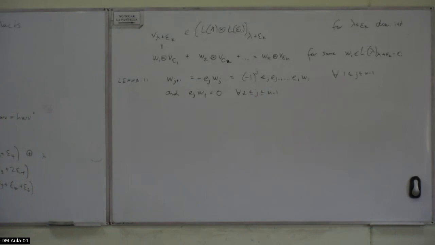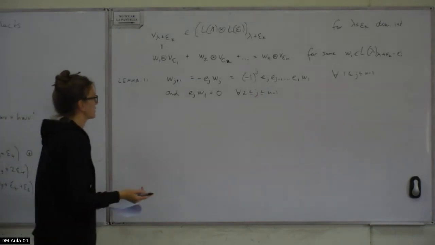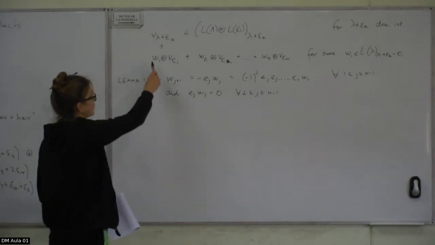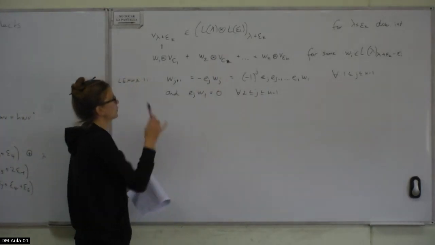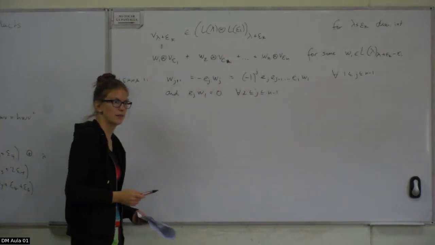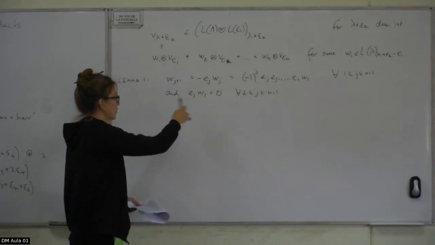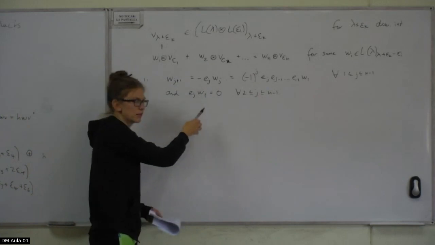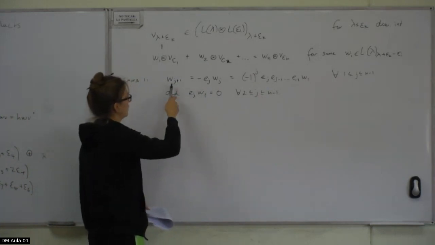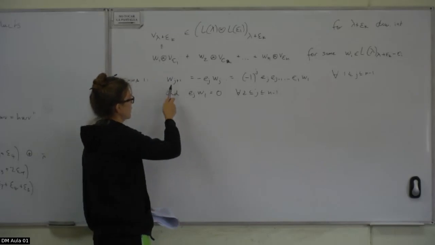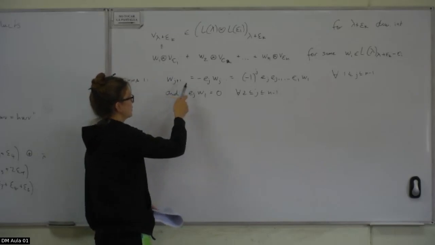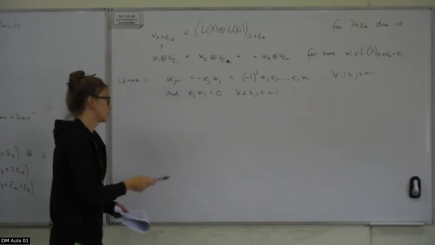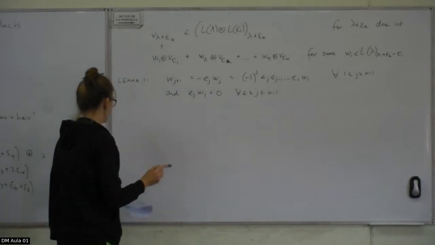By evaluating these equations that characterize the highest weight vector, we will find that these W's are not just basically random elements in the correct weight spaces inside a lambda, but they actually all depend on one another, and last but not least, all on the W1, because when we inspect these equations, we find that W_{j+1} needs to be equal to minus E_j applied to W_j. Let's just verify this.